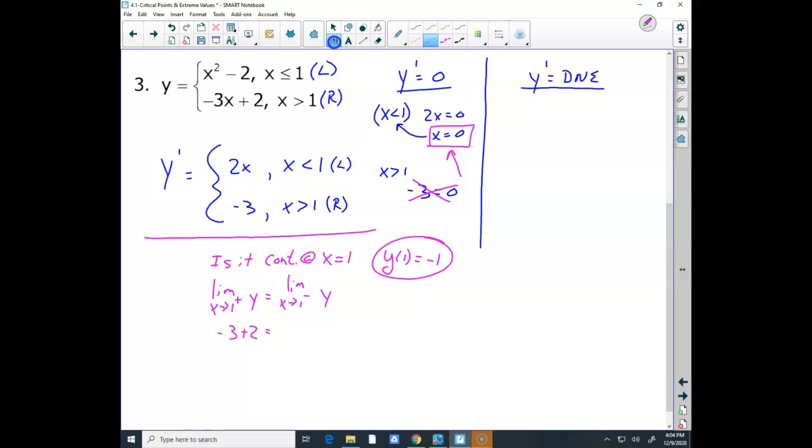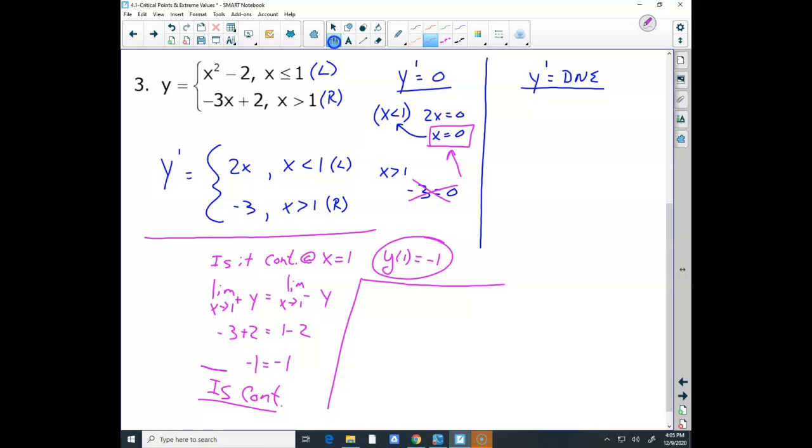And the left limit is going to be 1 minus 2. So I get -1 equals -1. So it is continuous there. Because it's continuous, that just means it comes together. Now I have to see, does it come together sharply or smoothly? Now I know it comes together, so it's not a discontinuity.